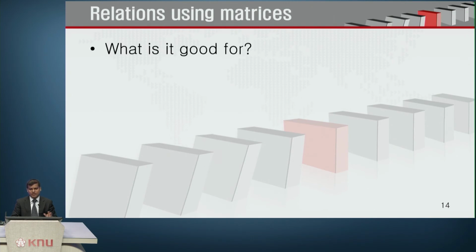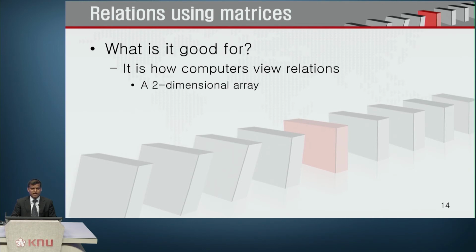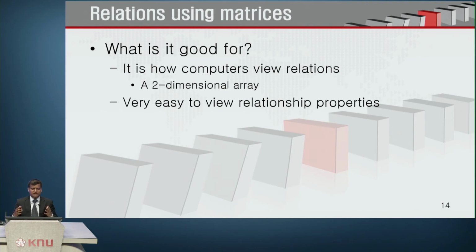Right now we have taken the relations and converted them into a matrix form. So how is it good, is it really useful? This is how the computer views the relations, like a two-dimensional array. And with this two-dimensional array, it is easy for us to manipulate things.